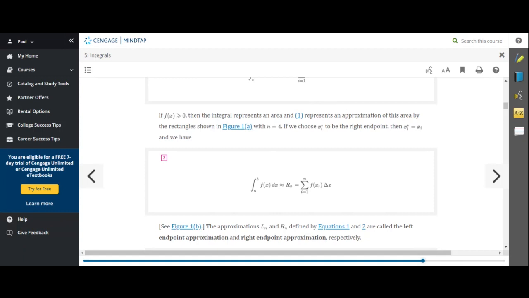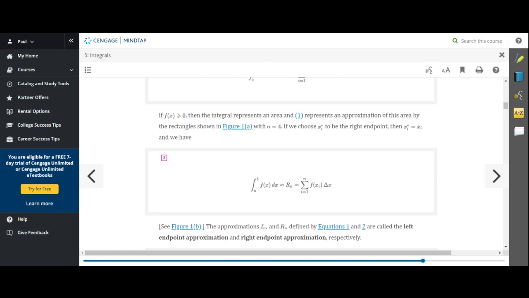How can we make the approximation better? Does anybody have an idea? The left endpoint approximation, the right endpoint approximation. How can we improve those approximations? What might be a way to improve them?